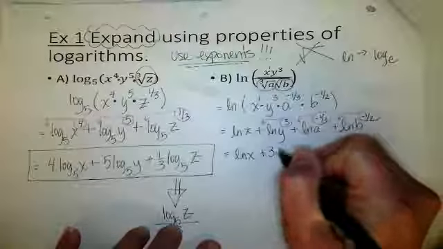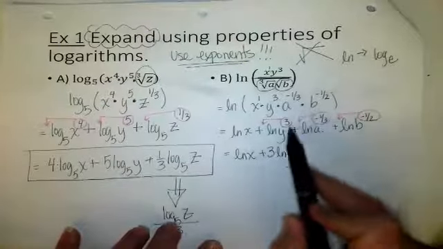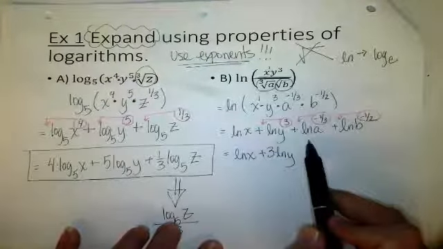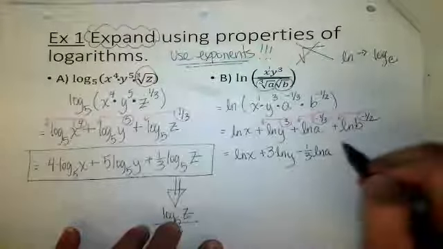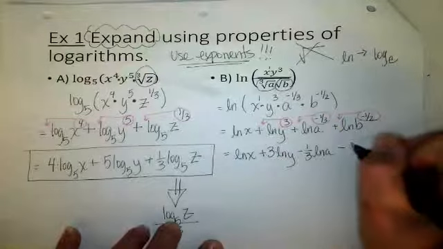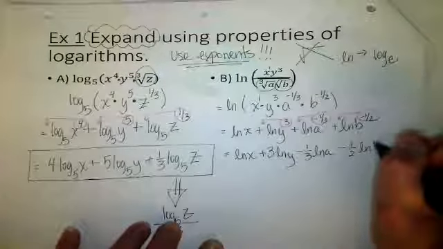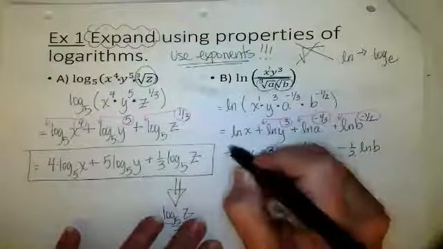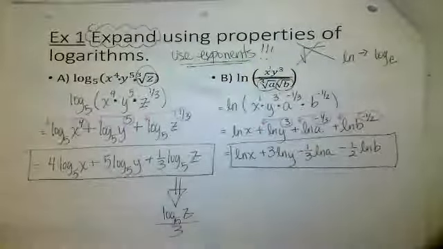That's going to be 3 times the natural log of y. And what happens with our natural log of a? Minus 1/3 natural log of a. Good. And the last one? Minus 1/2 natural log of b. Excellent. And this is fully expanded, and that's a great final answer.